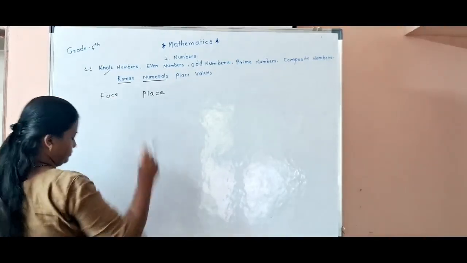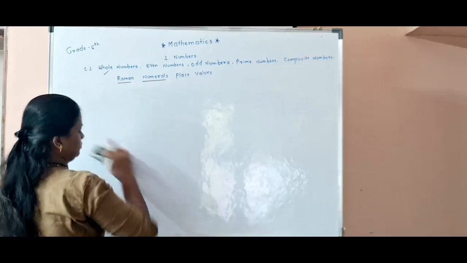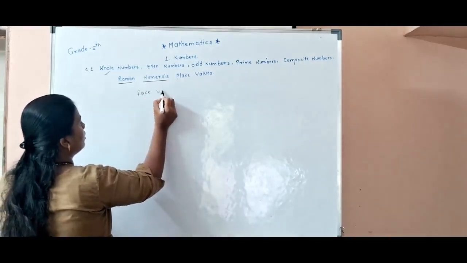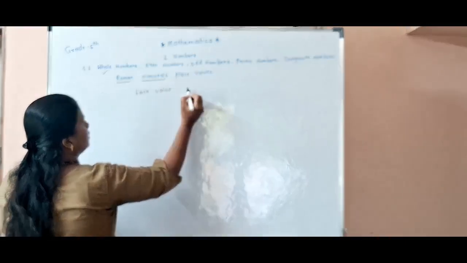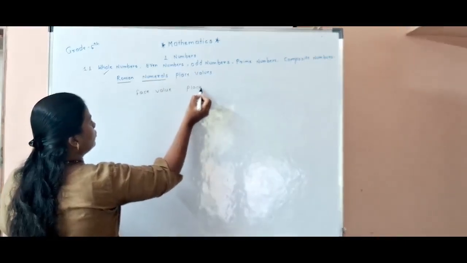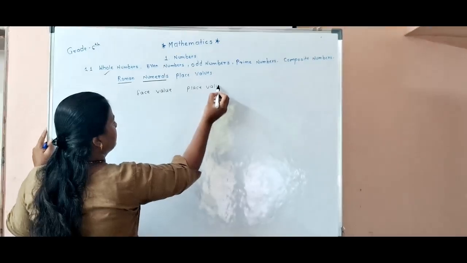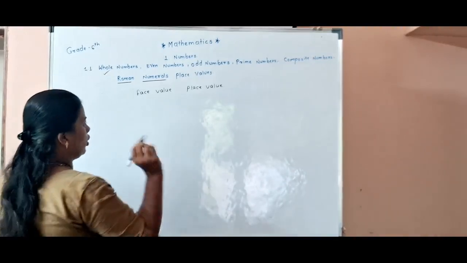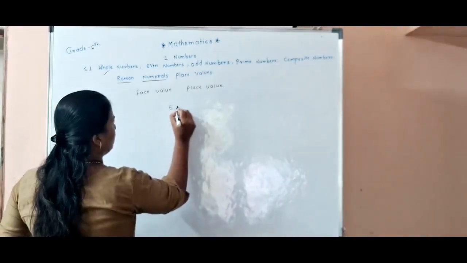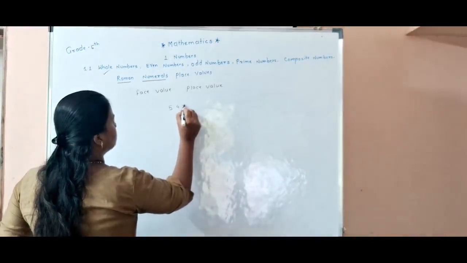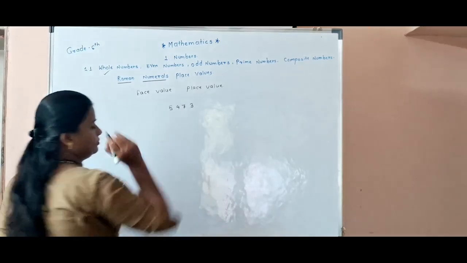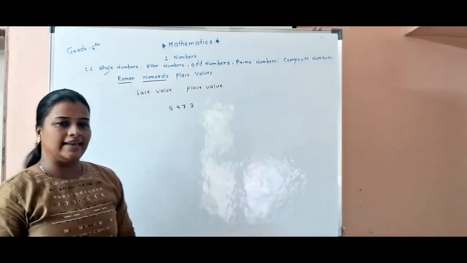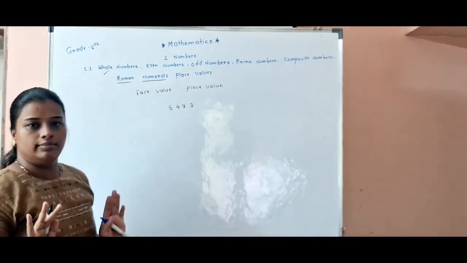Face value, then place value, and then we will see expanded form. Okay, now I will take only one common number, 5, 4, 7, 3. Okay, now face value of 3 is 3 only.